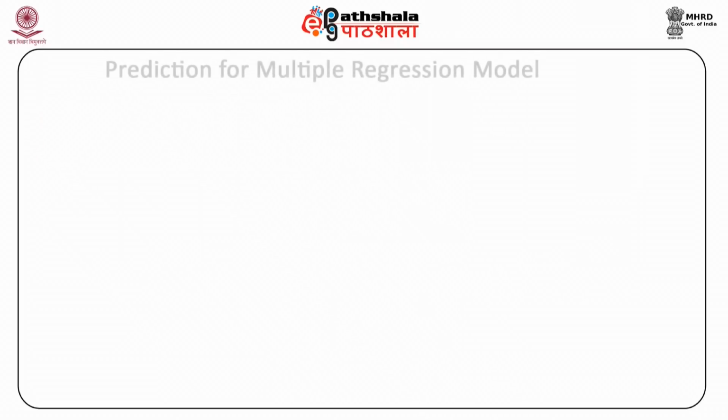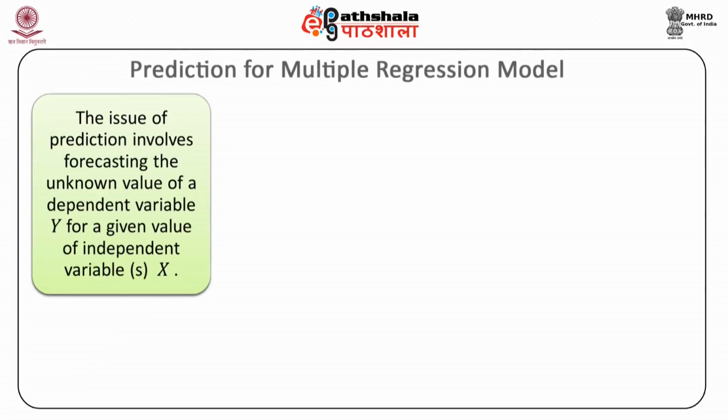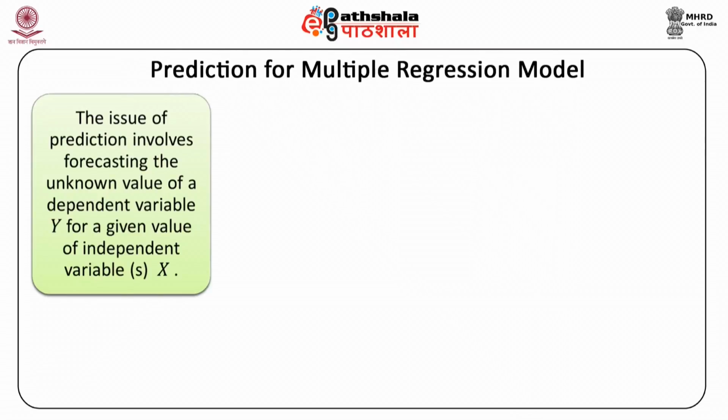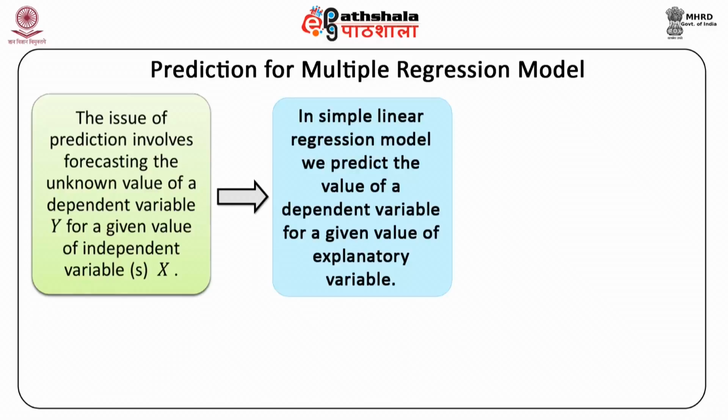Prediction for multiple regression model. The issue of prediction involves forecasting the unknown value of a dependent variable y for a given value of independent variable or variables x. In simple linear regression model, we predict the value of a dependent variable for a given value of explanatory variable.